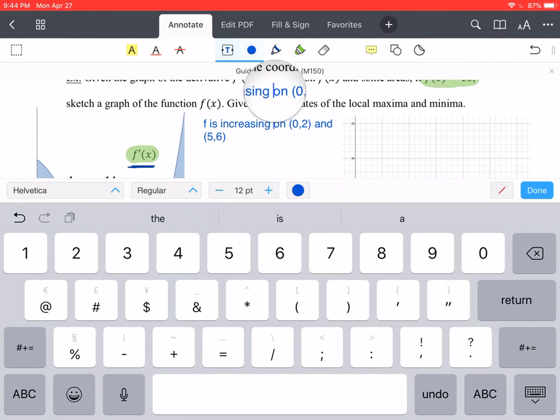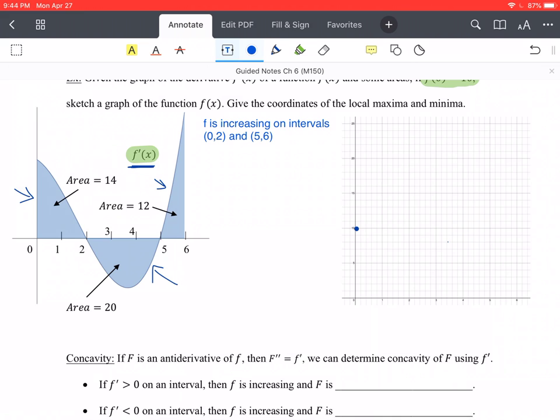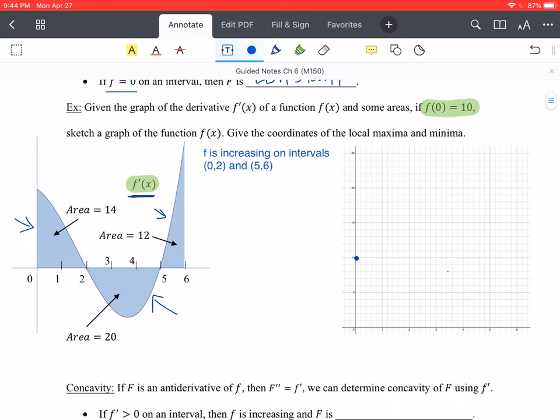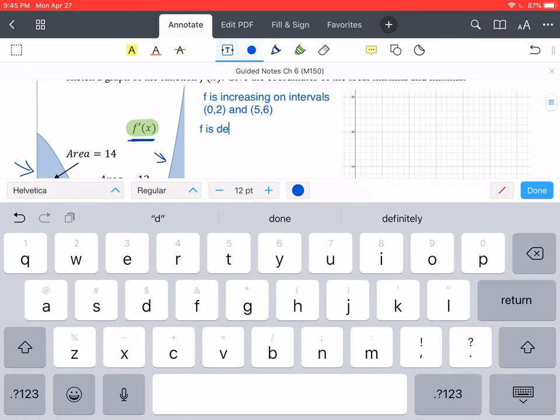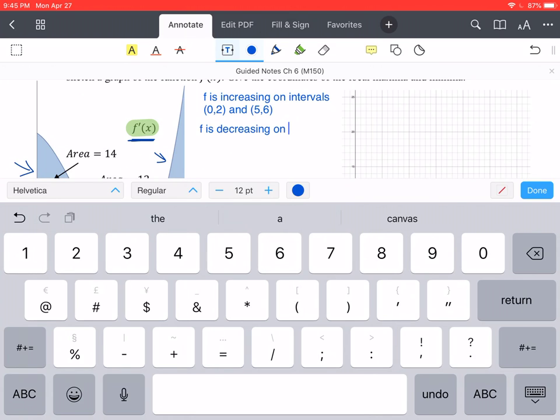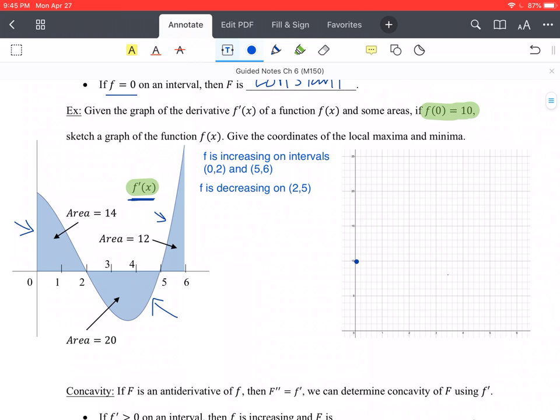So f is increasing on those intervals, and then of course that means that where the derivative is negative, from 2 to 5, it must be decreasing. So we can say f is decreasing on the interval 2 to 5. So we know that we have some positive slopes, some negative slopes in here.